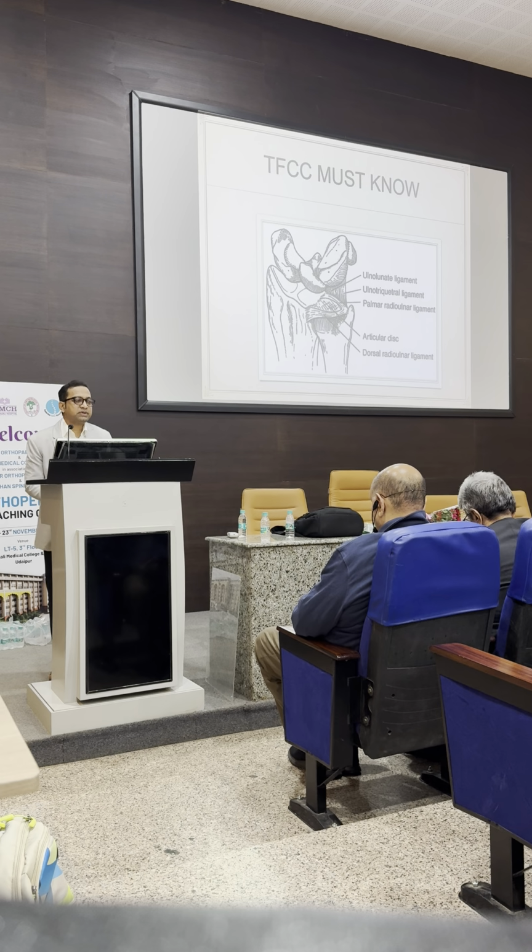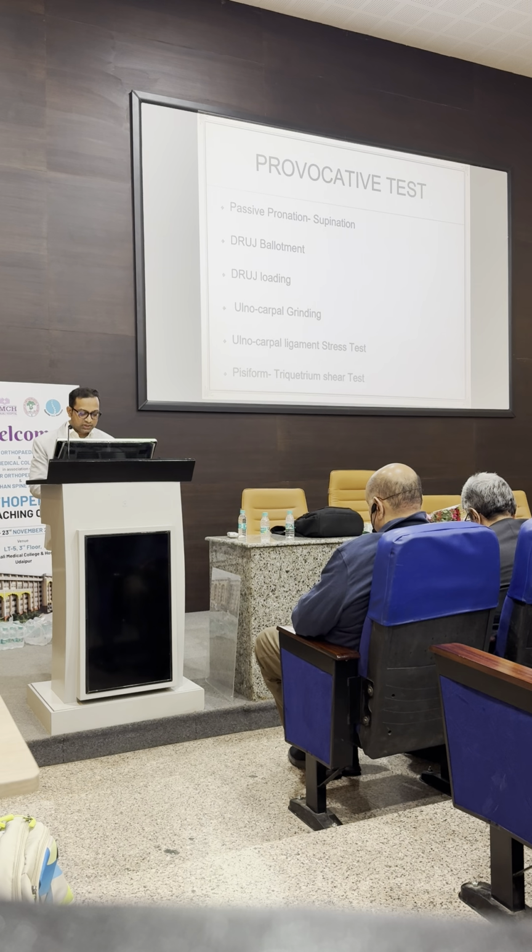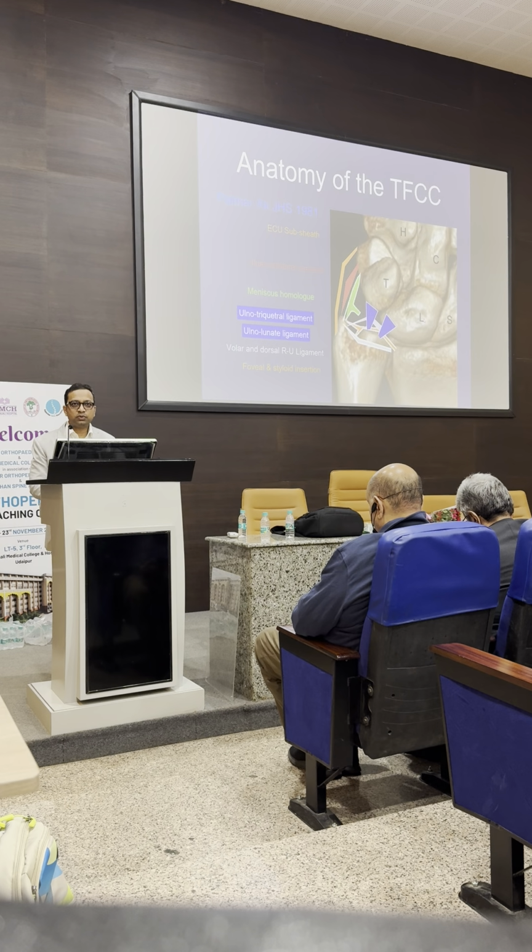Black box of the wrist. This is your theory part, along with your practical also. This is the triangular fibrocartilage complex. For your understanding, I have separated each and every ligament for theoretical purposes. We can clinically diagnose each and everything, but it will require more detailed study of the anatomy.